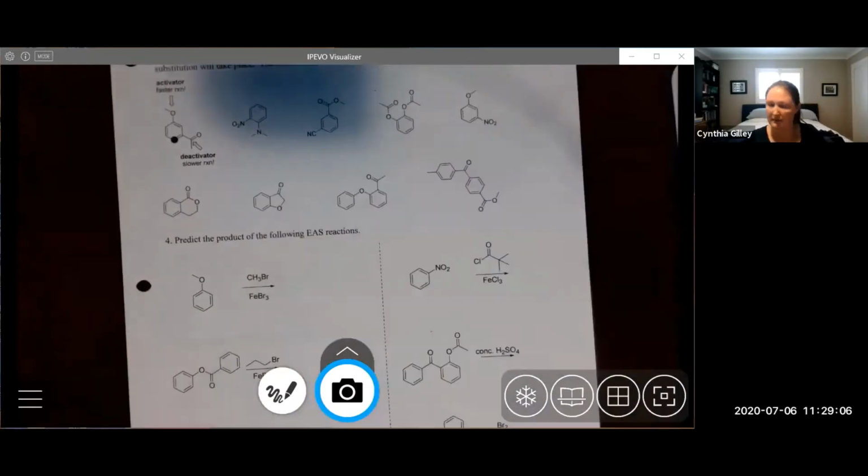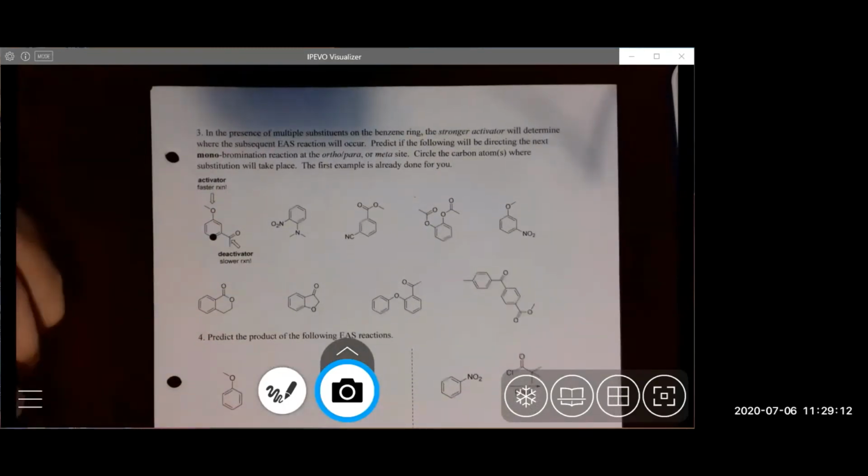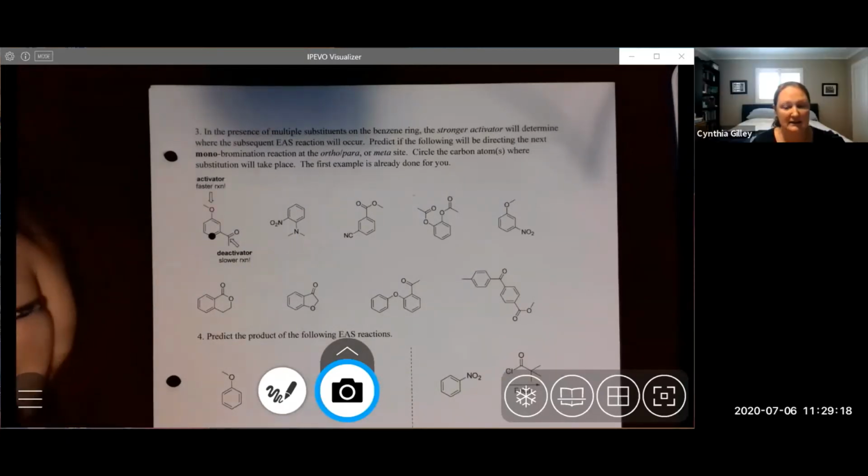Moving on to a question on this. Would you ask us to draw the full mechanism, or is that just more for us to know how it works? Yes, you are going to get one of the electrophilic aromatic substitution reactions to draw. So there's definitely been tons of practice with activity 1, and now this activity introducing a couple even more.